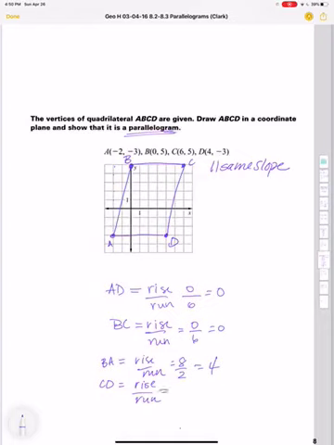And the rise over the run for CD is 1, 2, 3, 4, 5, 6, 7, 8 over 2. So 4. So we just showed that the opposite sides are parallel. So that's definitely a parallelogram.